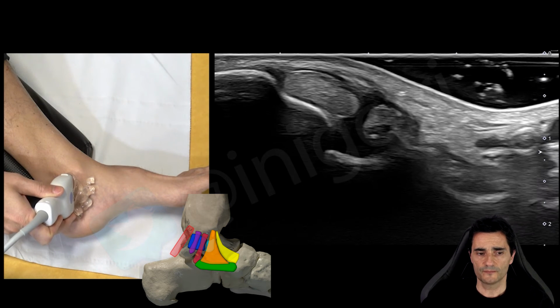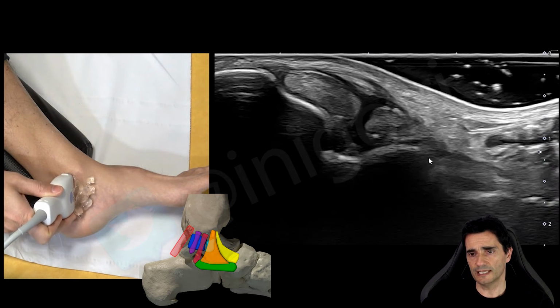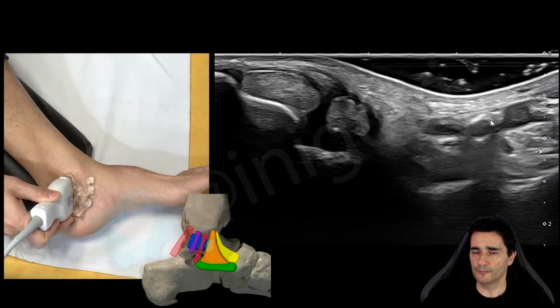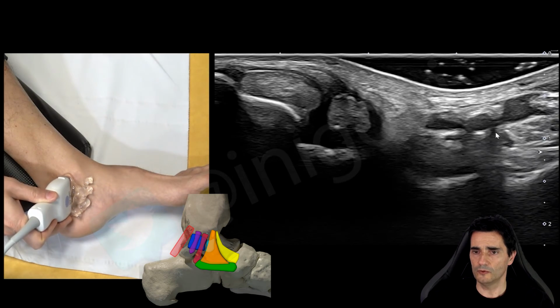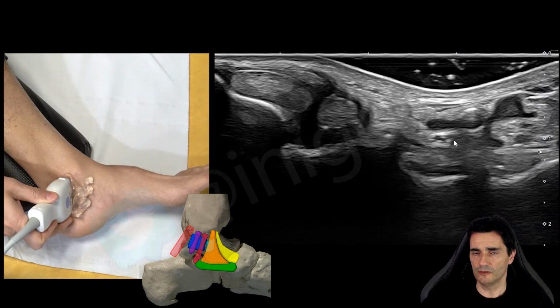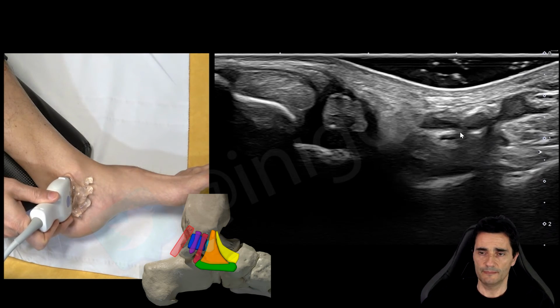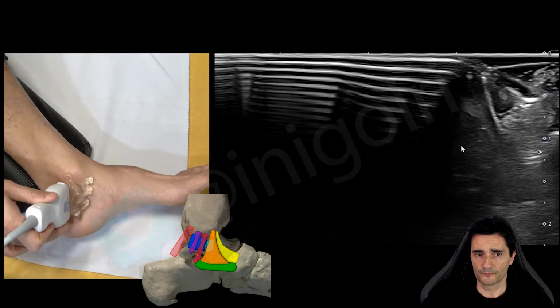In this position, we will notice the medial malleolus, the posterior tibialis tendon, the flexor digitorum tendon here, and here the sustentaculum tali, flexor hallucis longus, and the posterior tibial vessels, and the tibial nerve below, with this division in 2 or more commonly 3 branches at this level. It depends on the patient. This is the first view we must obtain.